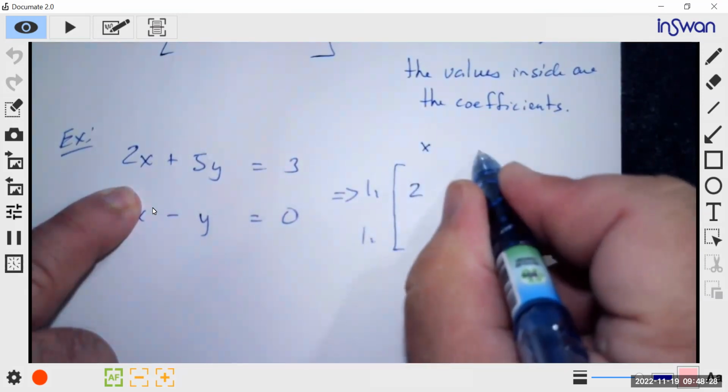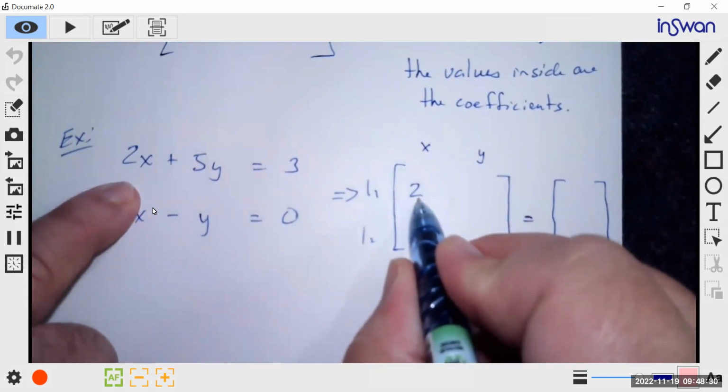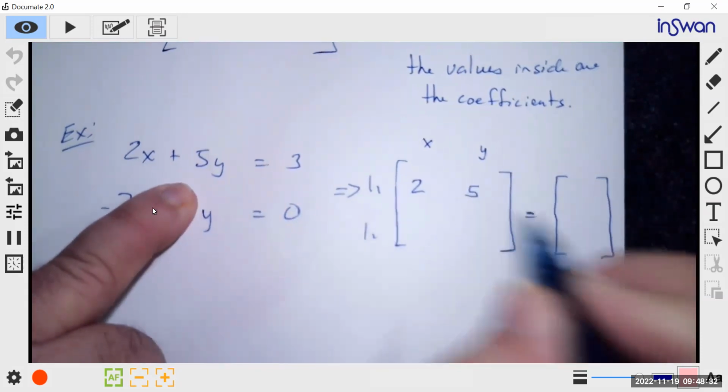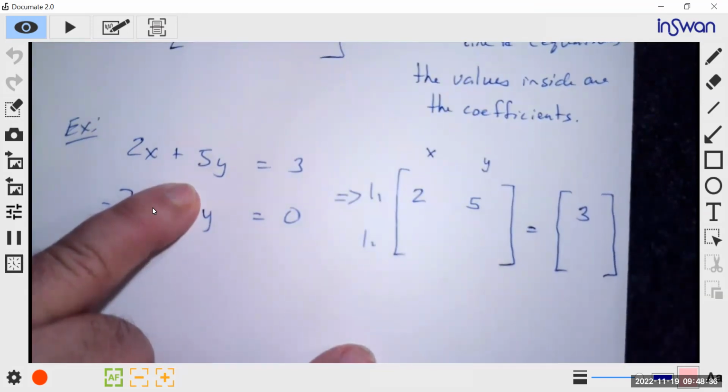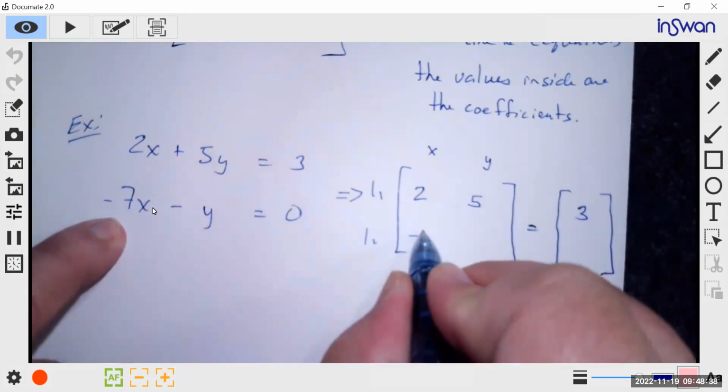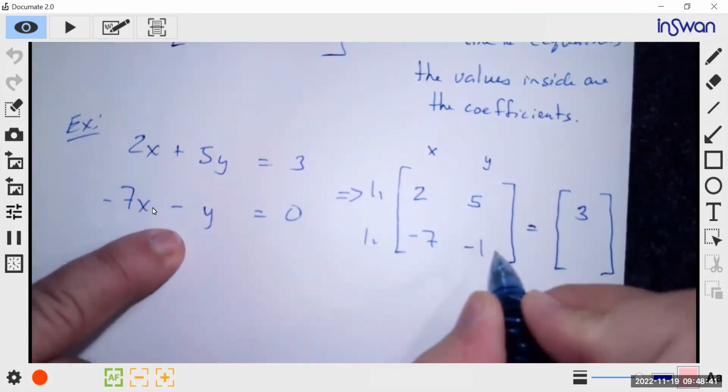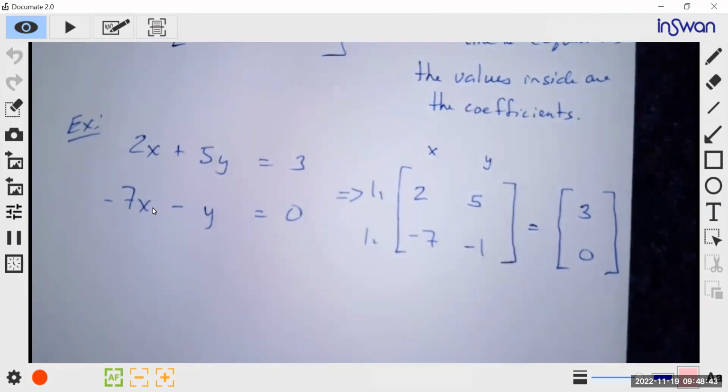This represents the coefficients of x and y. So the coefficient of x is 2, the coefficient of y is 5, and the solution is 3. Negative 7x, negative 1y, and 0 for the solution. That's all there is to it. That's the first part. That's just setting it up.